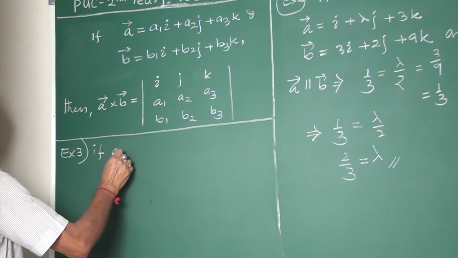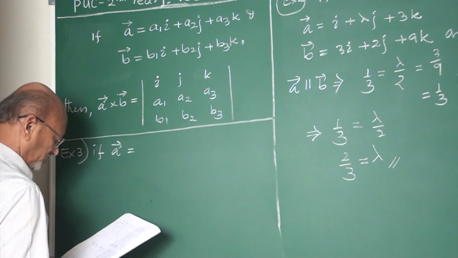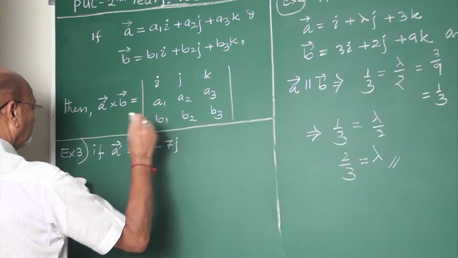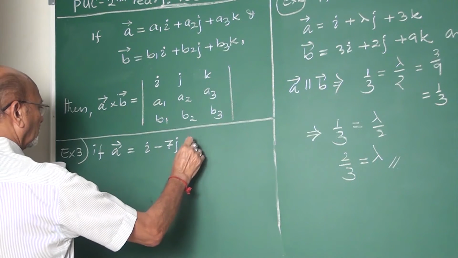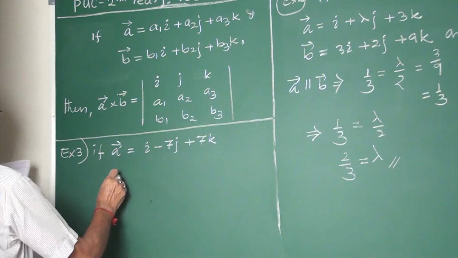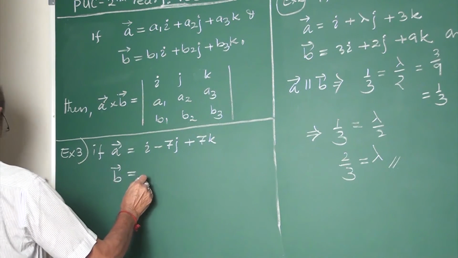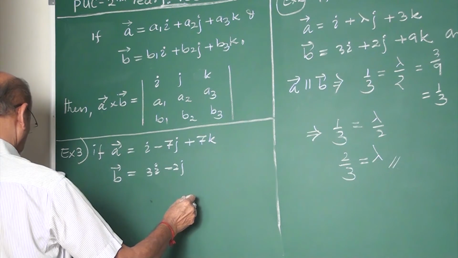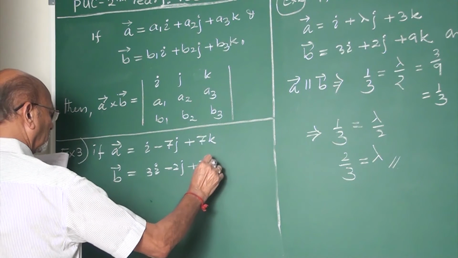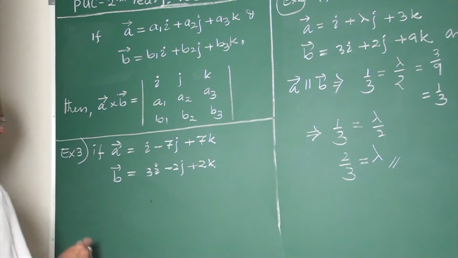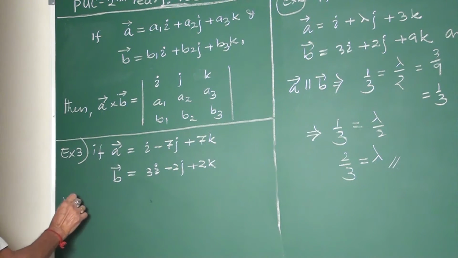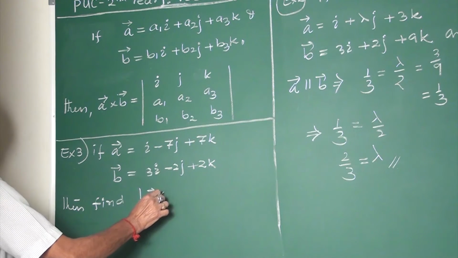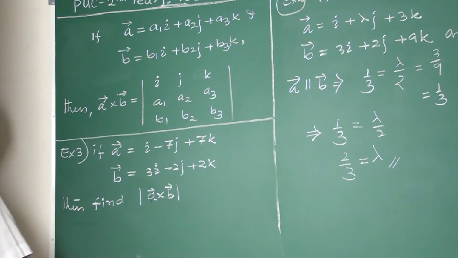If vector A equal to i minus 7j plus 7k, and vector B equal to 3i minus 2j plus 2k, then find the magnitude of A cross B. It's also a 2 mark question.